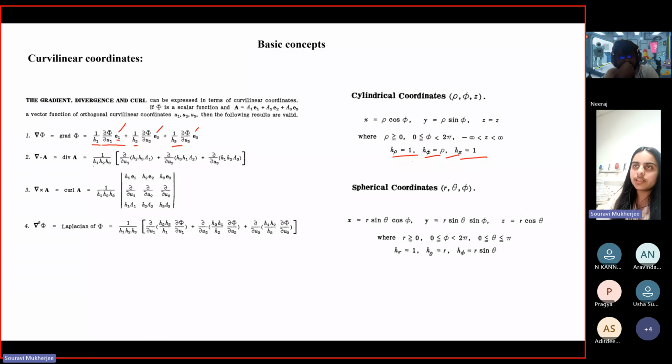Similarly, you can just put in all these scale factors wherever they are. And u1, u2, u3 are the variables rho, phi, z or r, theta, phi. Is it making sense?